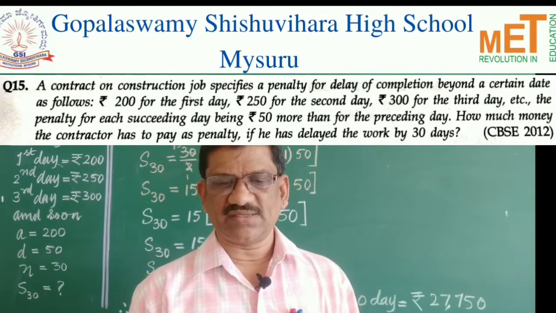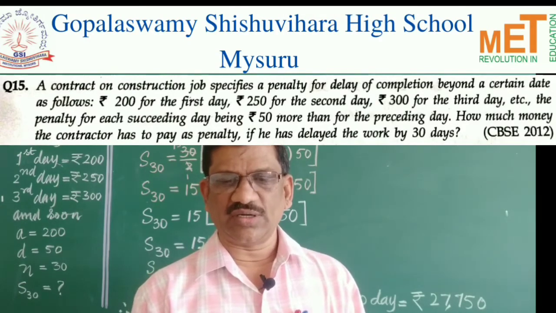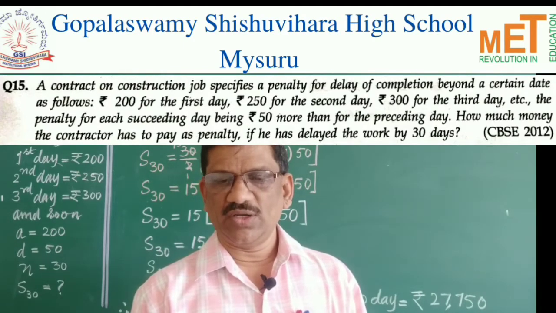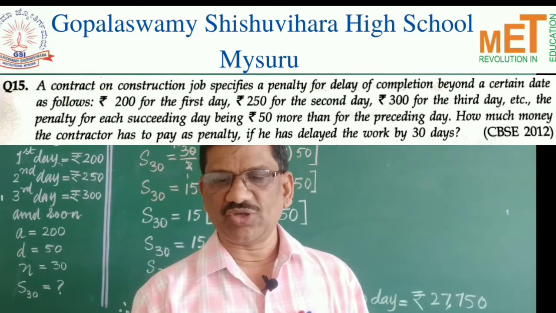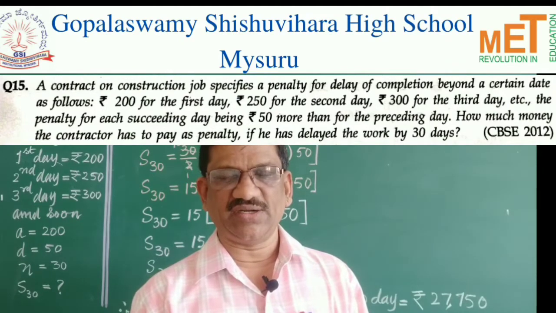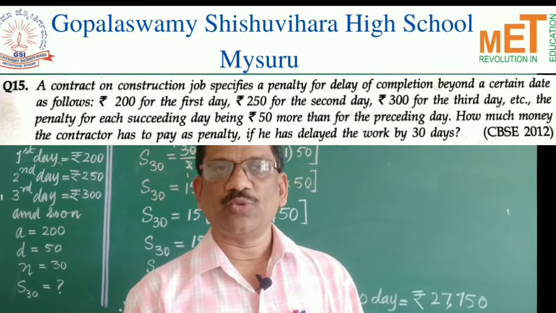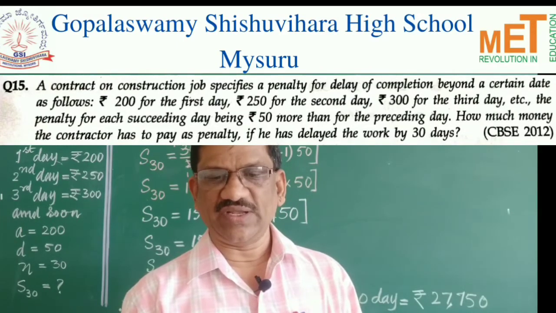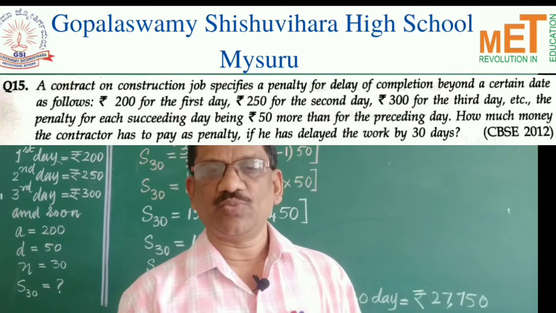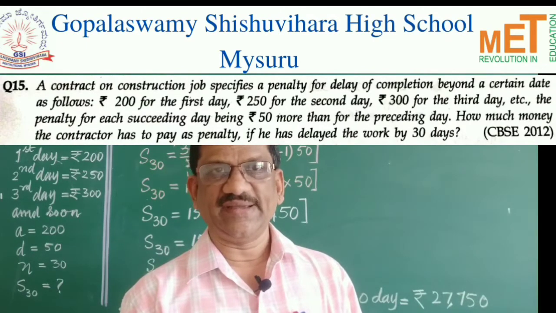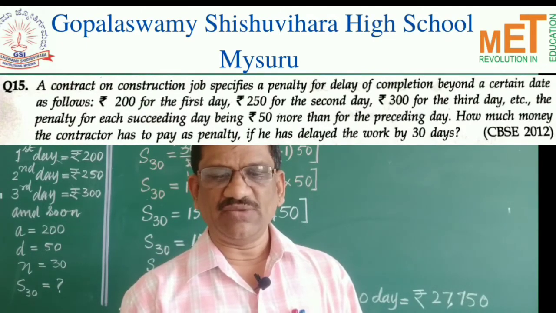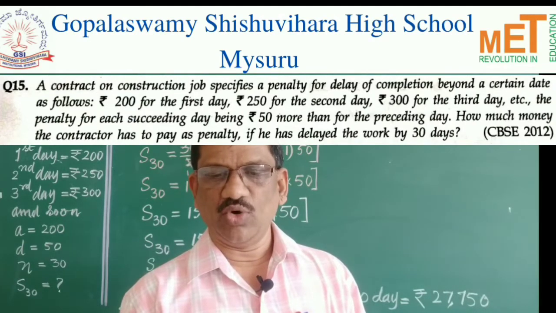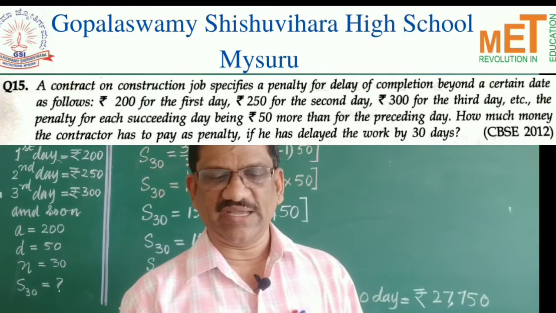What it states: a contract on a construction job specifies a penalty for delay of completion beyond a certain date as follows: rupees 200 for the first day, rupees 250 for the second day, rupees 300 for the third day, etc. The penalty for each succeeding day being rupees 50 more than the preceding day.